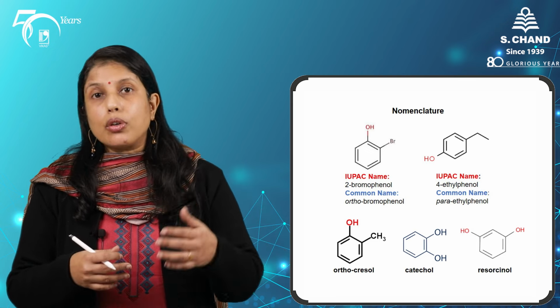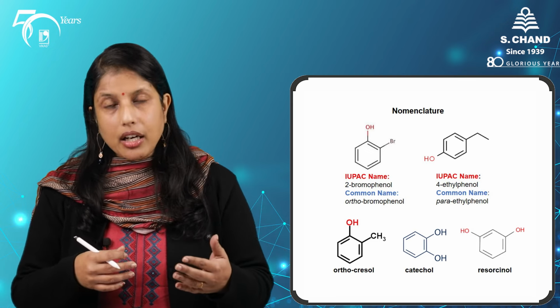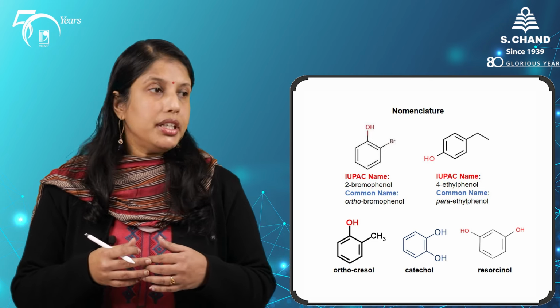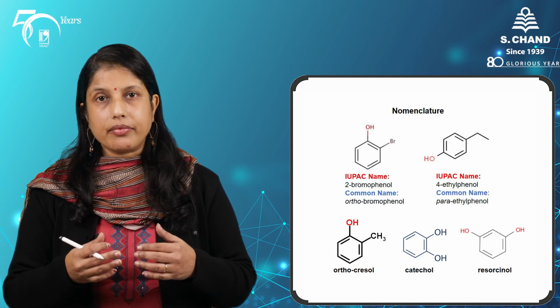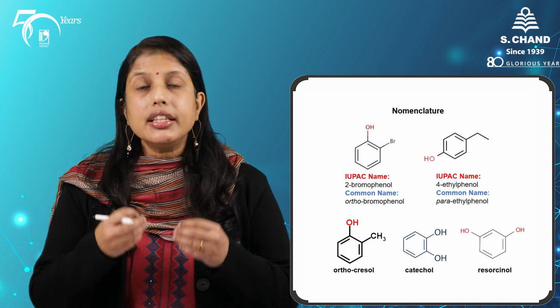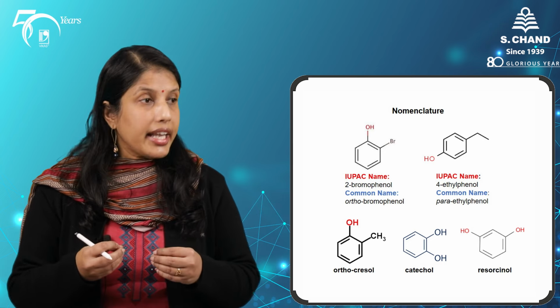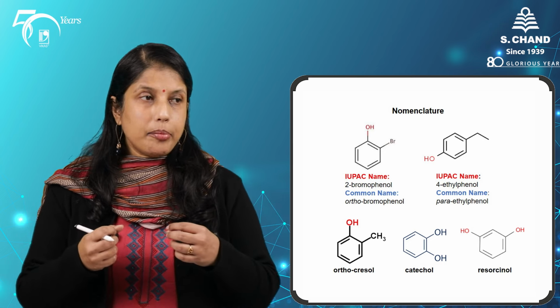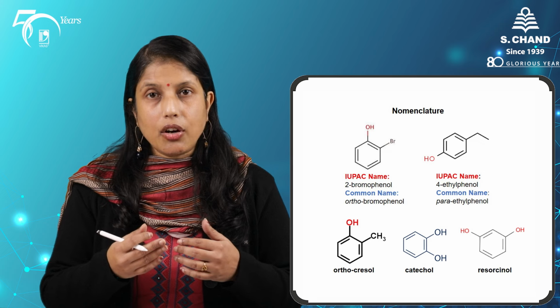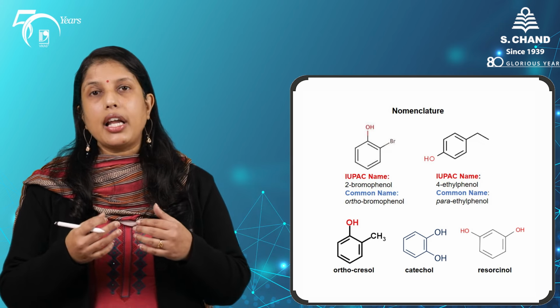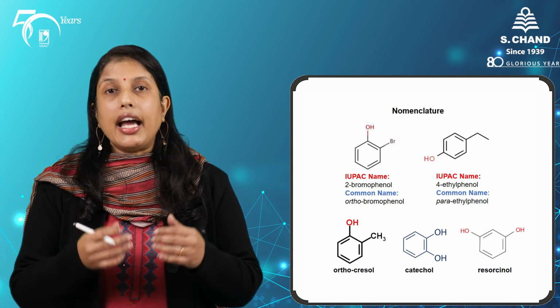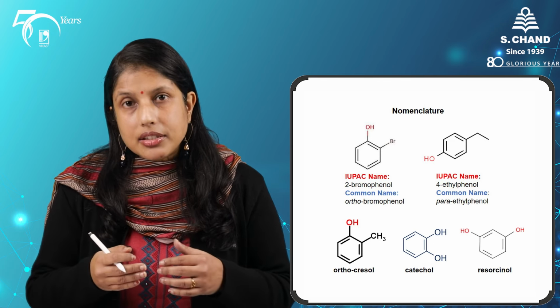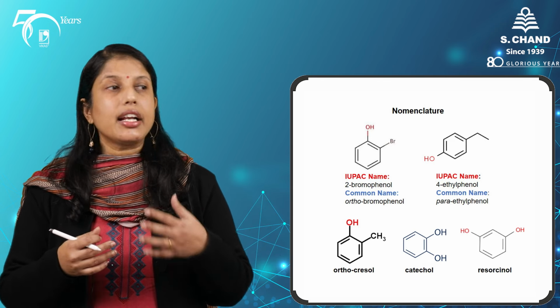The terms ortho, meta, and para are also used in this case. Certain phenols have common names. For example, our methyl phenols are commonly known as cresols, and our benzene diols have special names like catechol and resorcinol.